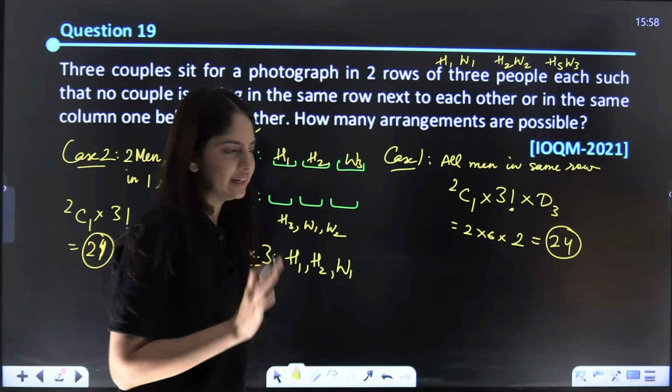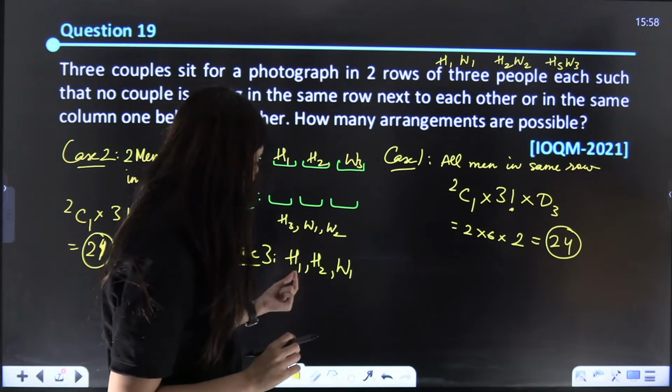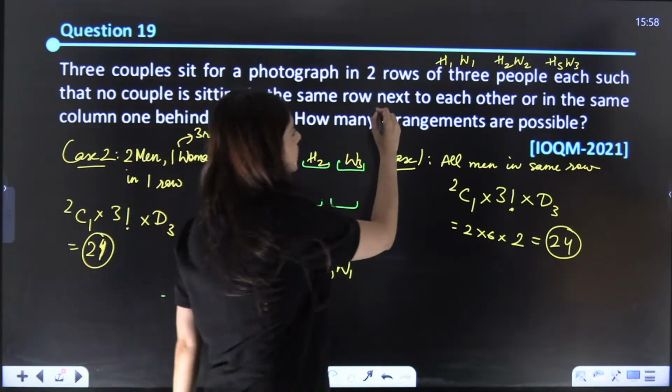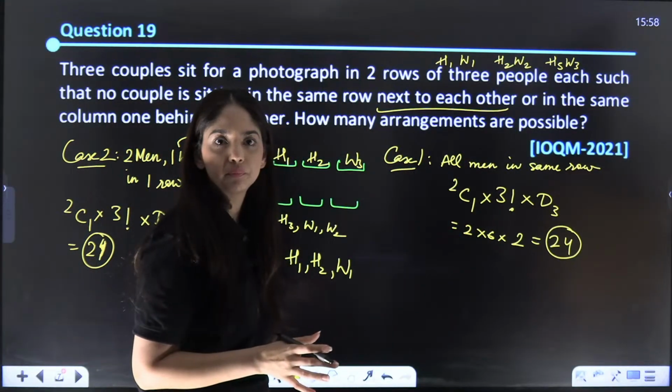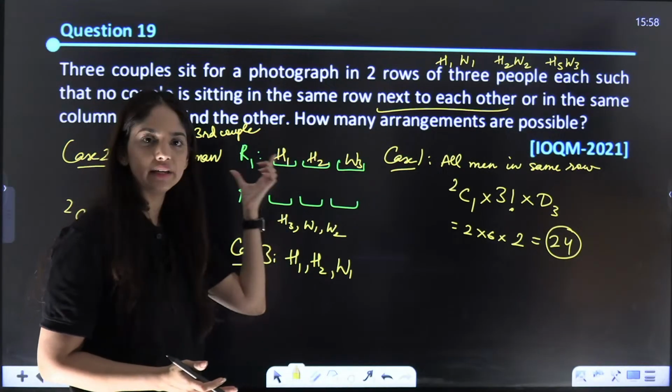Let's say we have these three in the same row. In that case, what was the condition? That they cannot sit next to each other. So that means H1 and W1 have to be in the corner.